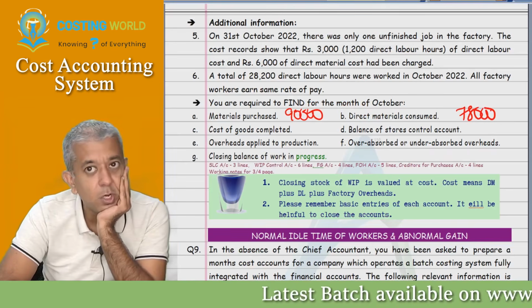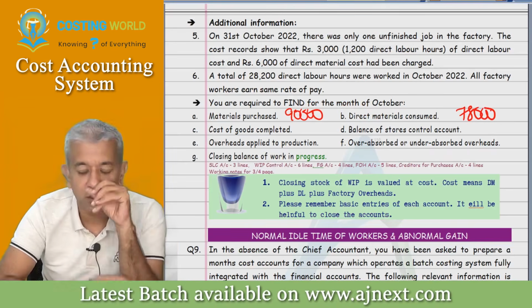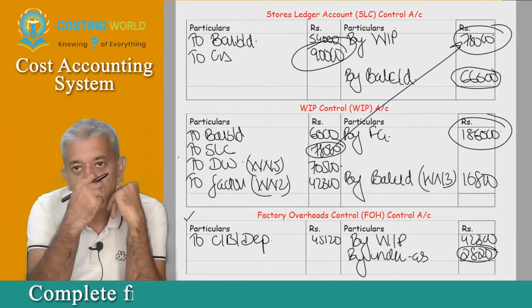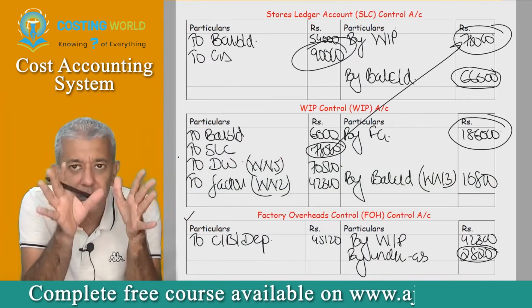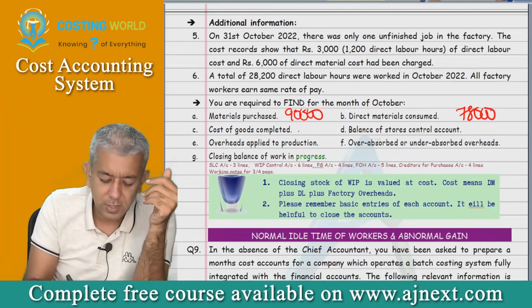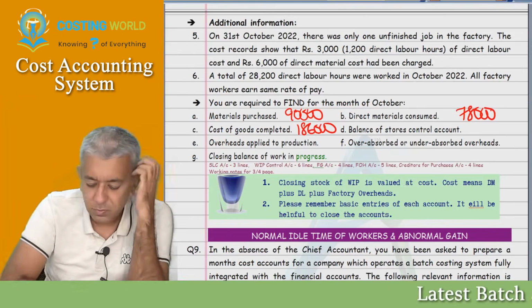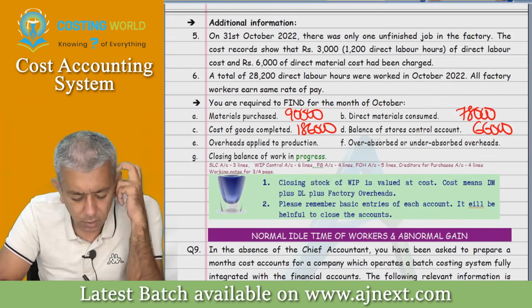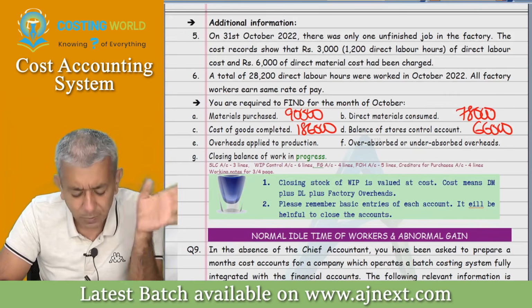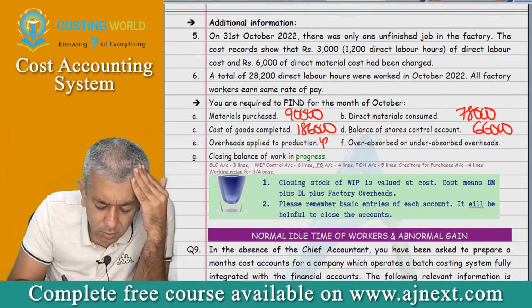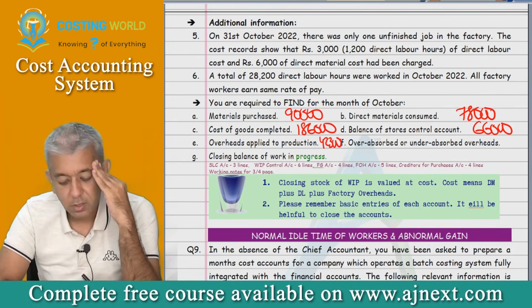Think. Cost of goods completed. 100 times you all have done this. 1,86,000. Whatever figure goes from your WIP to finished goods, that represents cost of goods completed, no? Yes. Okay, so this is 1,86,000. Okay, balance in SLC 66,000. Overheads applied means absorbed to production. How much was overheads absorbed? 42,300.